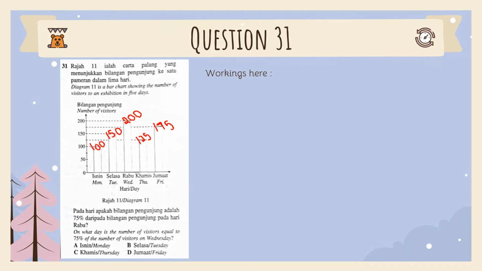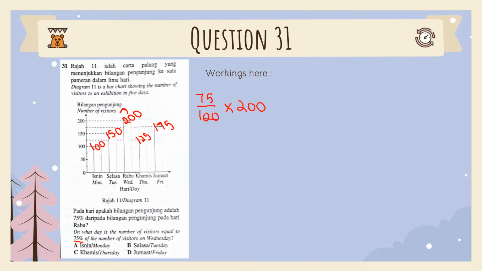Then coming back to the question, on what day is the number of visitors equal to 75% of Wednesday? First we have to find 75% of Wednesday. On Wednesday there are 200 visitors, so 75 over 100 times 200 gives 75% of the visitors.